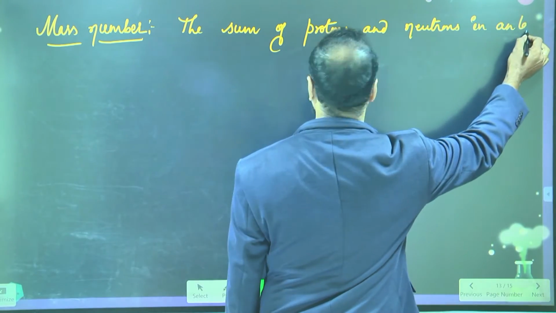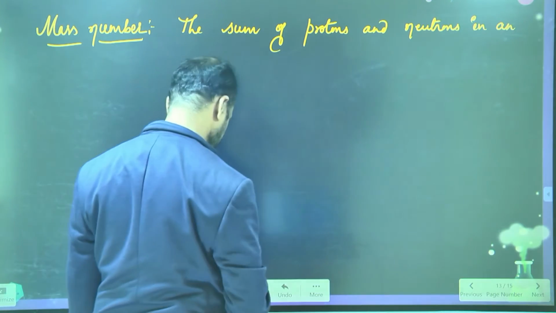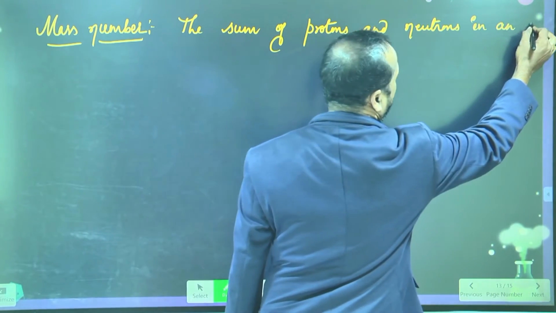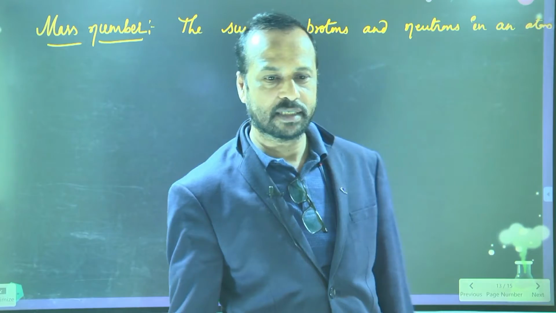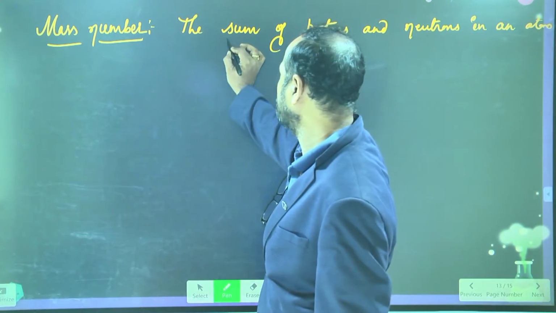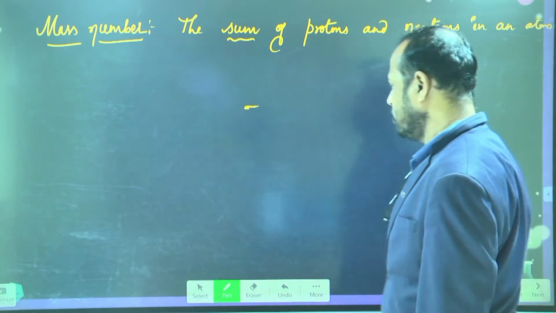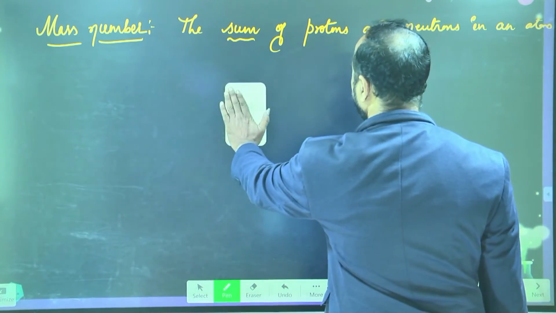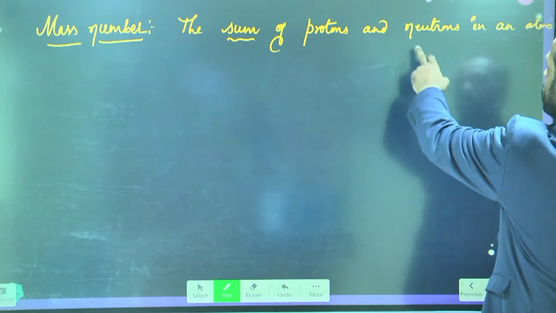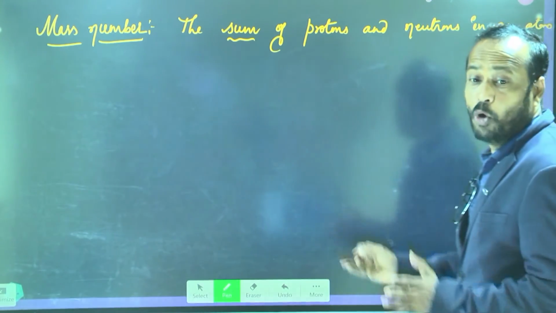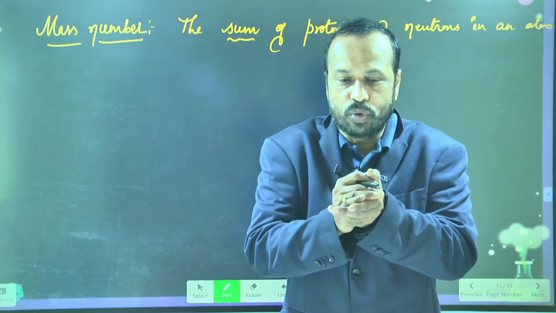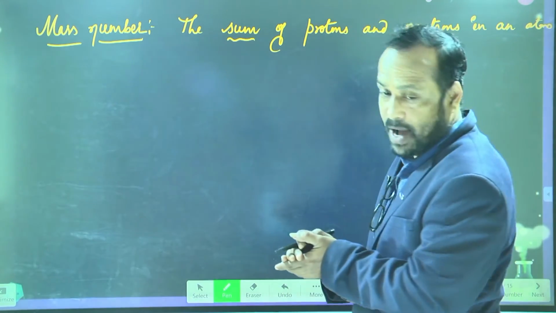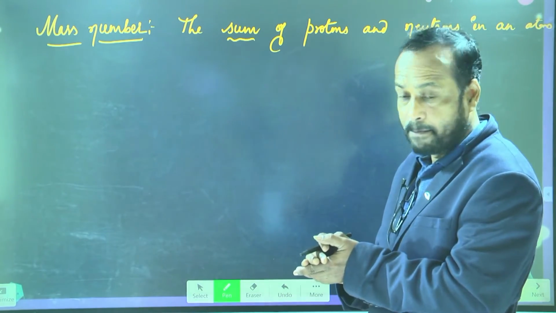Sum means addition. So here we are adding the protons and neutrons in an atom. How many protons and how many neutrons? We take these and add the total number. That becomes the mass number.